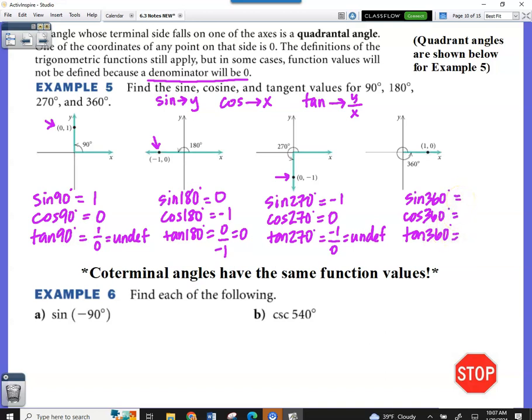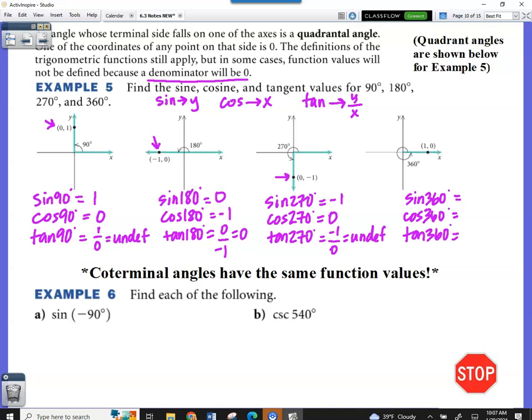Name a coterminal angle to 360 degrees. Zero. Coterminal means you subtract off a rotation or you add a rotation. You could have also said 720. All right, so same thing here. If I said, tell me the sine, cosine, tangent of 360, you should think to yourself, where does that fall? You got 90, 180, 270, 360. It lands back on the x-axis.